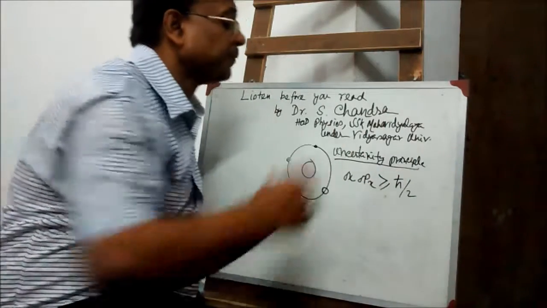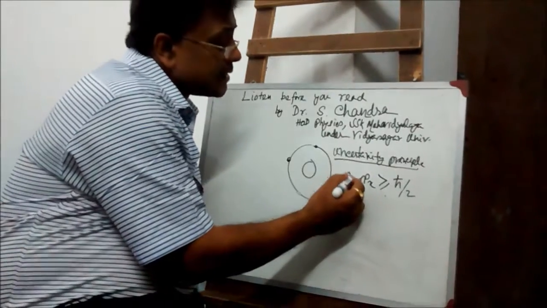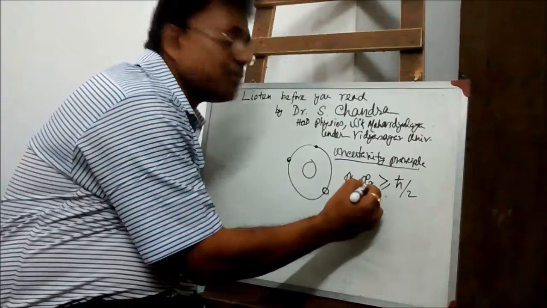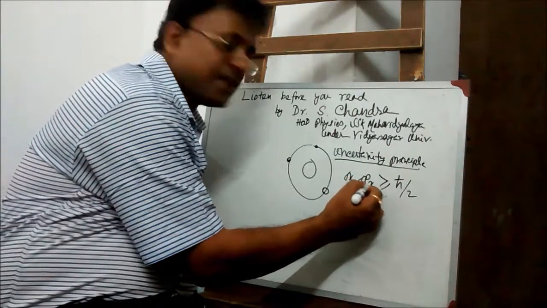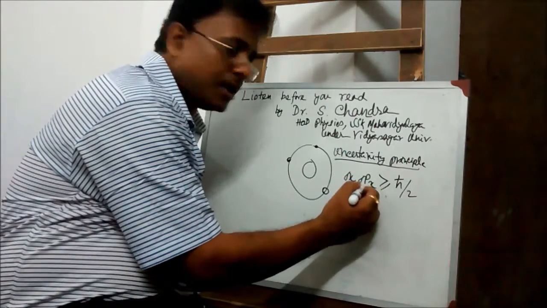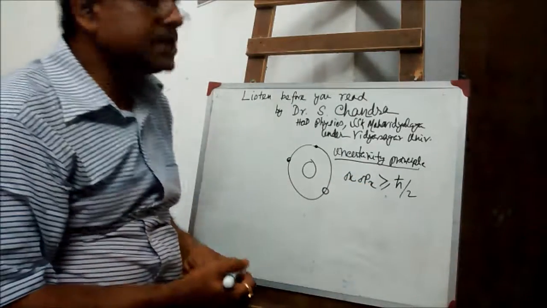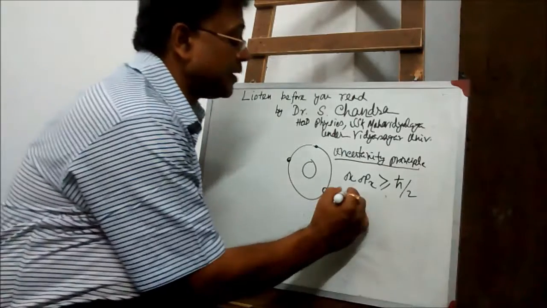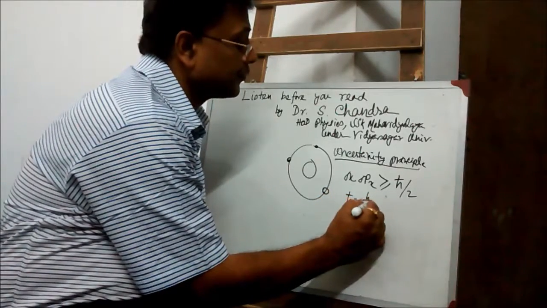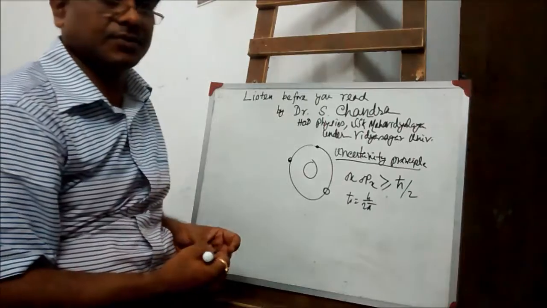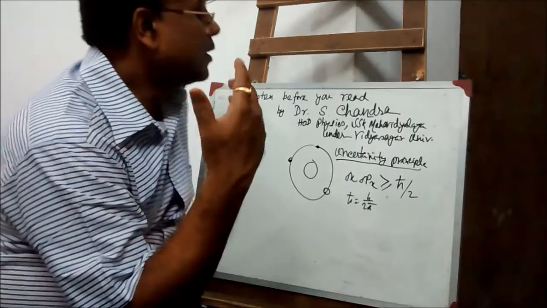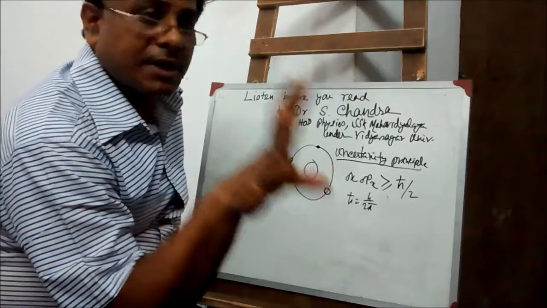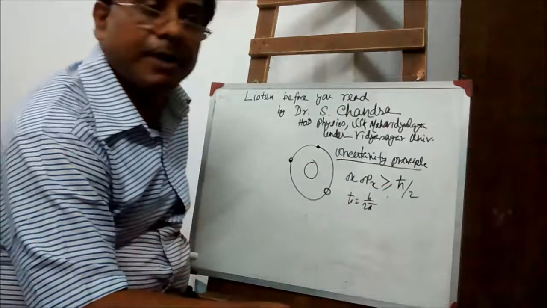Here delta x is the change in position, and delta px is the change in momentum, where p stands for momentum in the x direction. h-bar is equal to h by 2 pi, where h is the Planck constant, 6.62 times 10 to the minus 34 joule second.